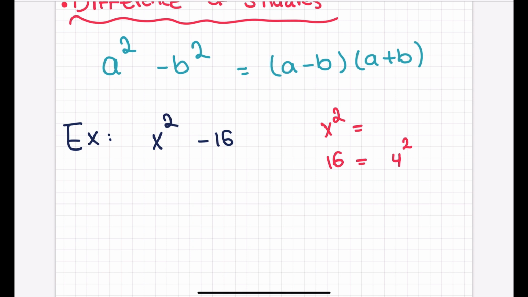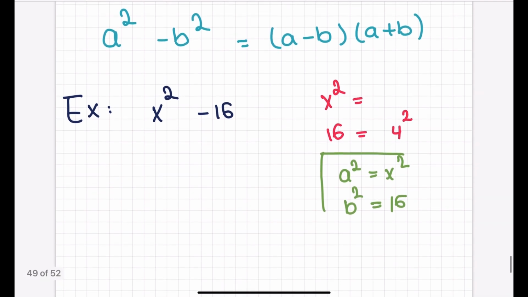If I want to break it down more for you, a squared in this case is x squared, and b squared in this case is 16. Correct? So you're going to write down (a minus b)(a plus b). So your a is x, your b is 4. How did I get that? From square root.